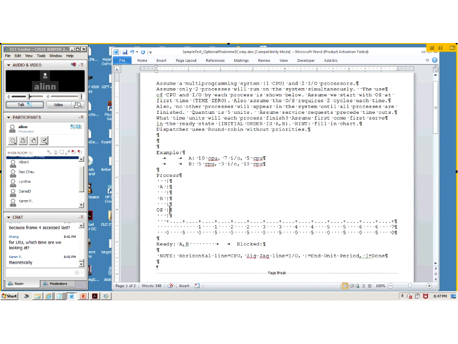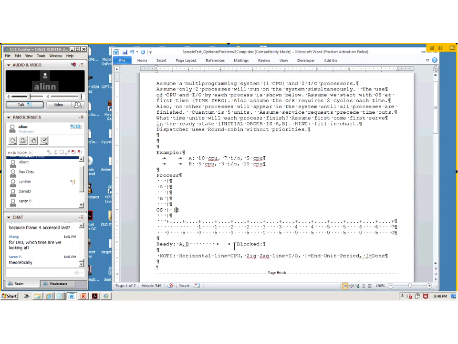The OS starts up. So it's going to go 1, 2 units. And the vertical bar is the end of the unit. The dashes, the horizontal line, is the CPU. So the CPU does 2 units, and it ends at the end of that unit. And its role is to call the dispatcher. The dispatcher finds out A is in the ready list.